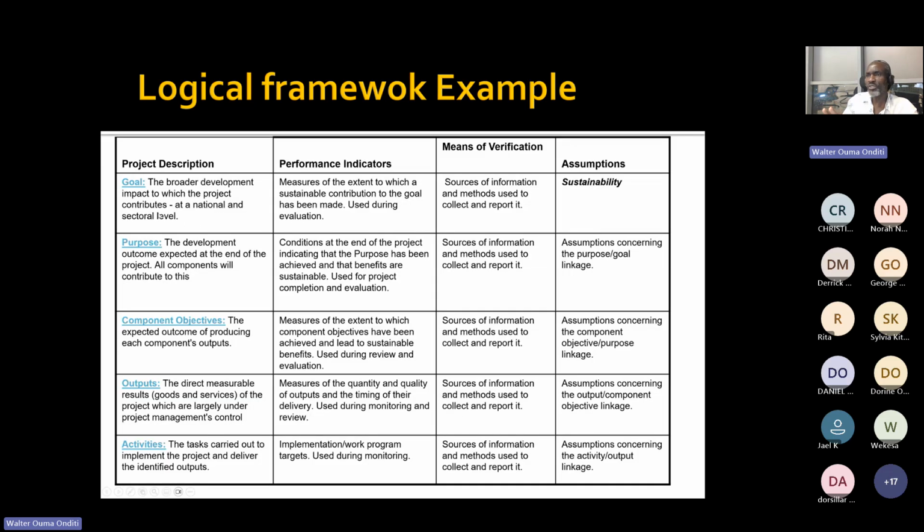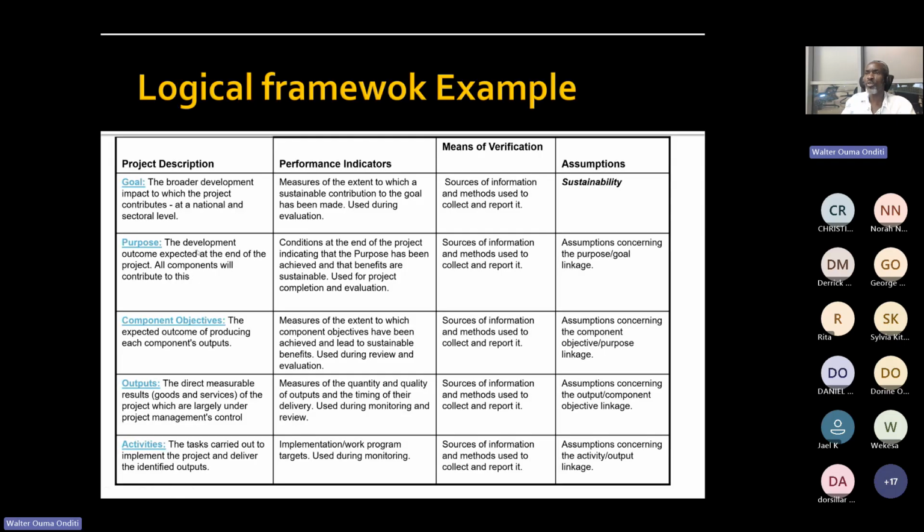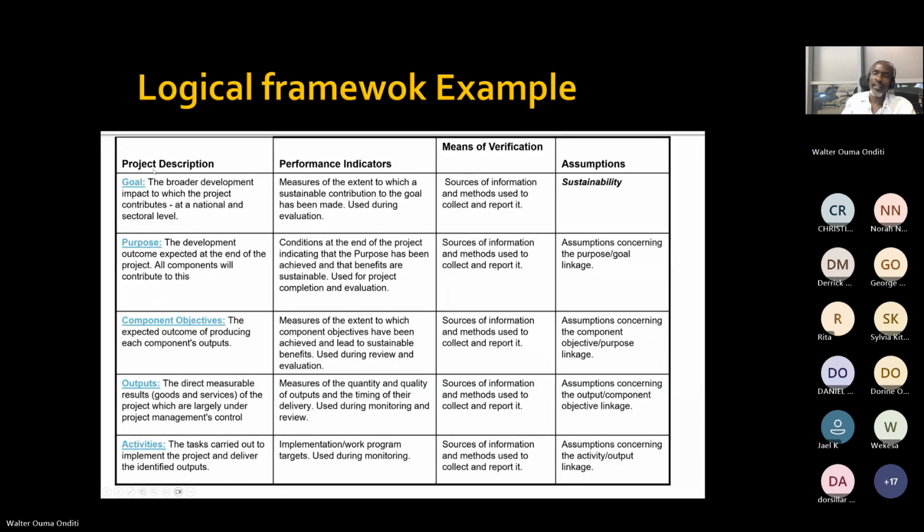Look at it. Let me just go back a bit. I think it jumped. So look at the project description. This column here is sometimes what you call the result hierarchy or result level. So normally goal, and sometimes people talk about the purpose, or some people combine the two, purpose and component objectives.